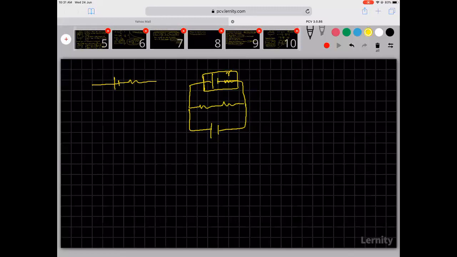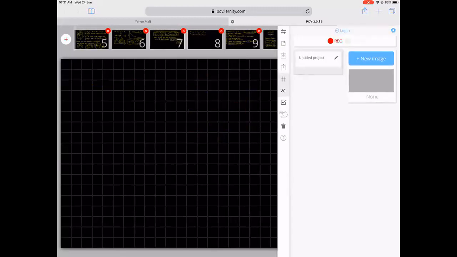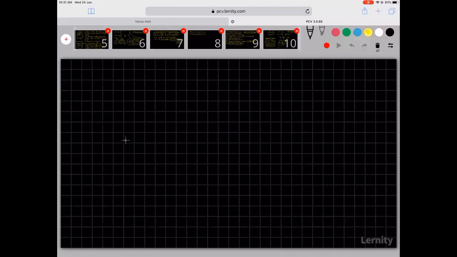Okay, fine. Let's move to this experiment. We will just write down, this is called the meter bridge experiment.